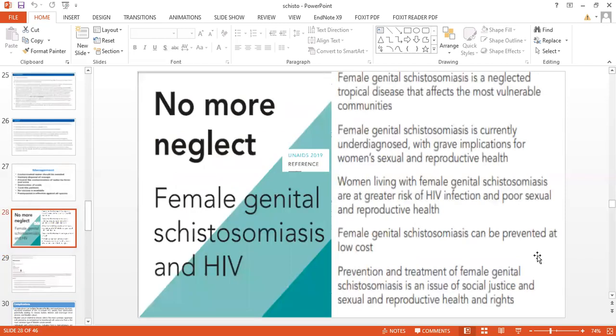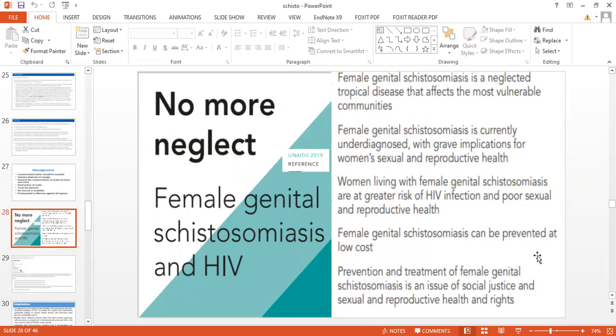This is a UNAIDS reference, 2019, which says no more neglect of female genital schistosomiasis and HIV. Female genital schistosomiasis is a neglected tropical disease that affects the most vulnerable communities, and it is currently underdiagnosed with grave implications for women's sexual and reproductive health.